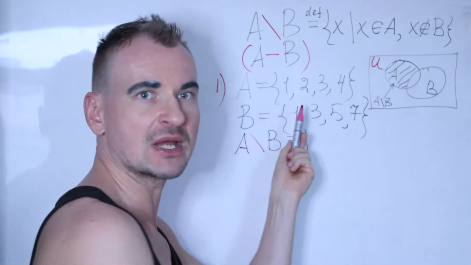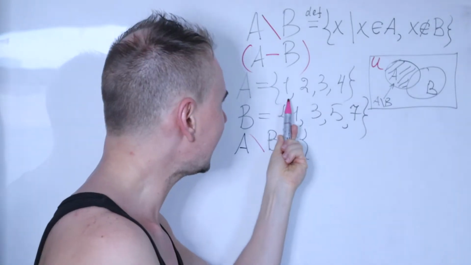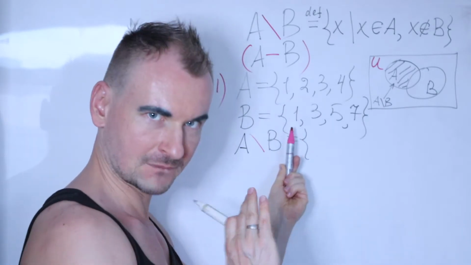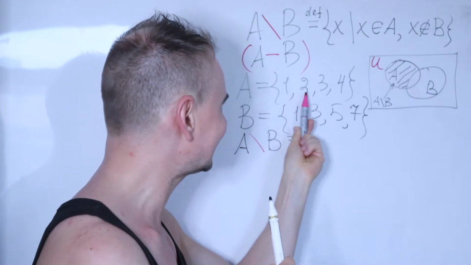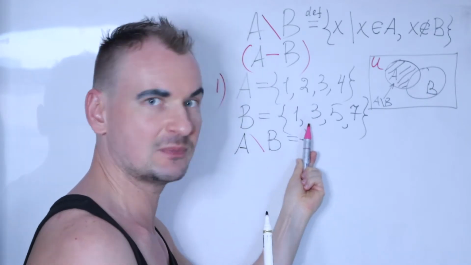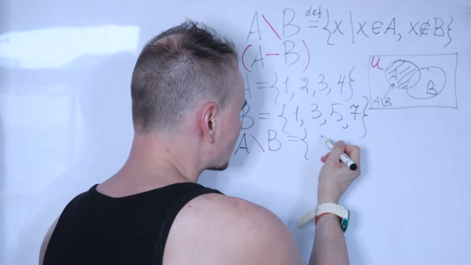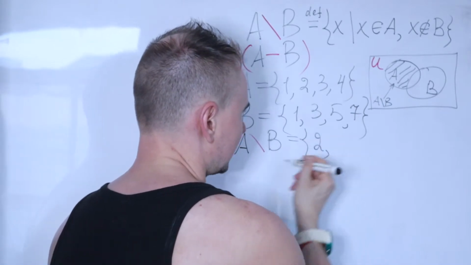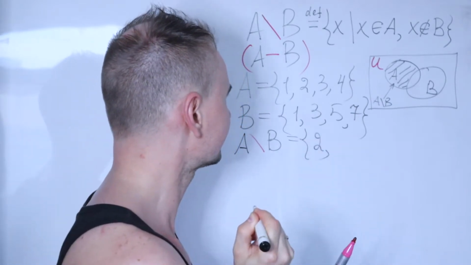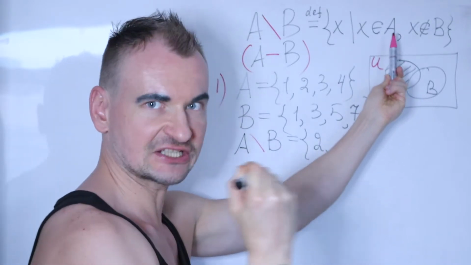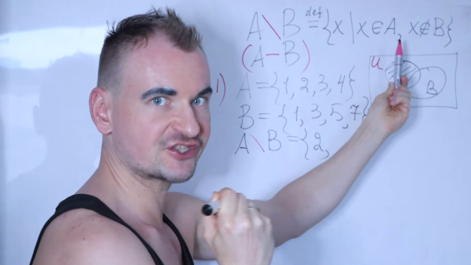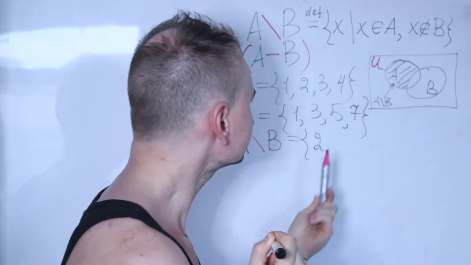Start from the first one. You have 1 in set A and 1 in set B, so no. Next one, 2 is in set A but not in set B. So 2 goes into our difference because it fits our definition.